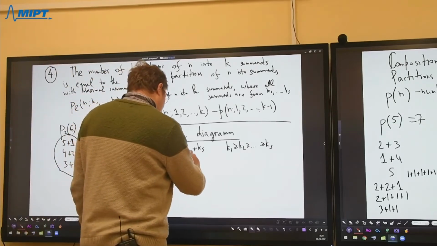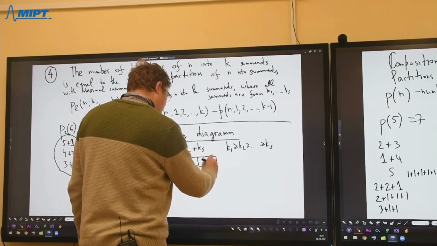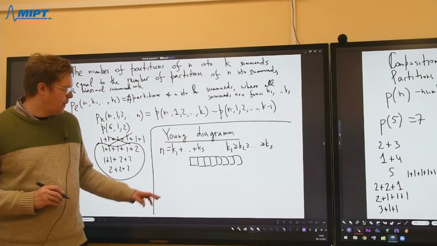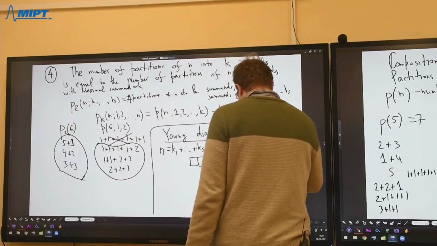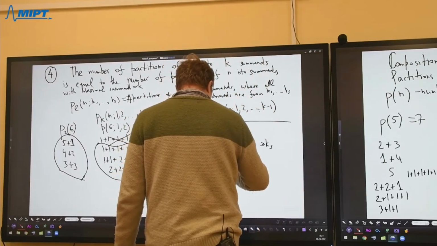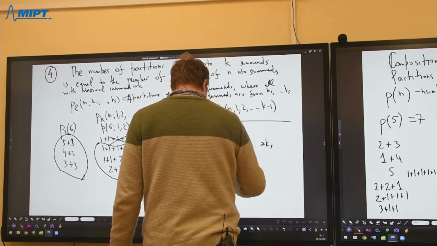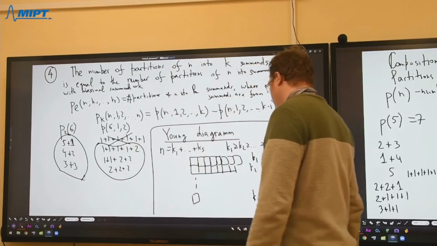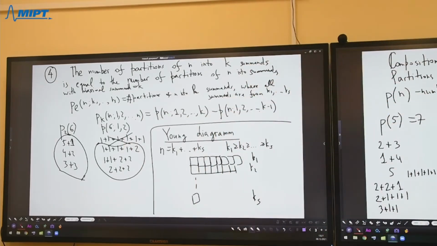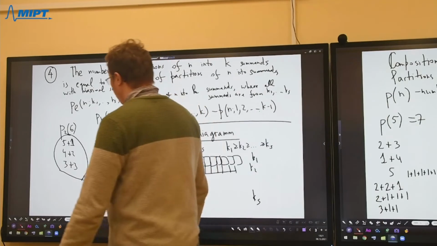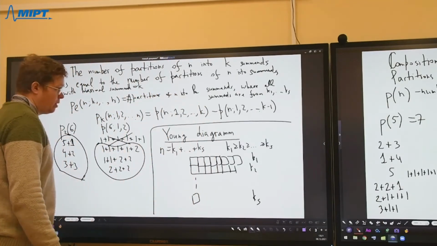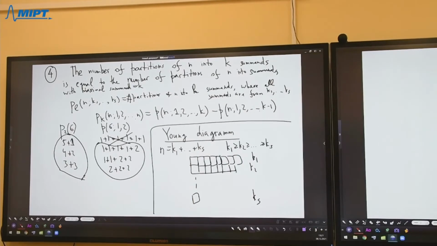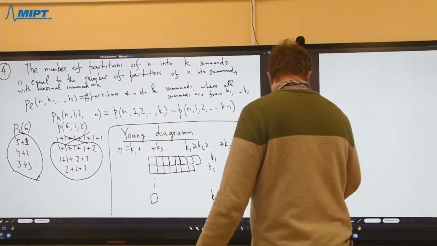So I draw them as this picture where we take cells, and then we draw k1 cells in the first row, k2 cells in the second row, and so on, and ks cells in the last row. So for example, for these, maybe I will draw the pictures here, because here I can use color.